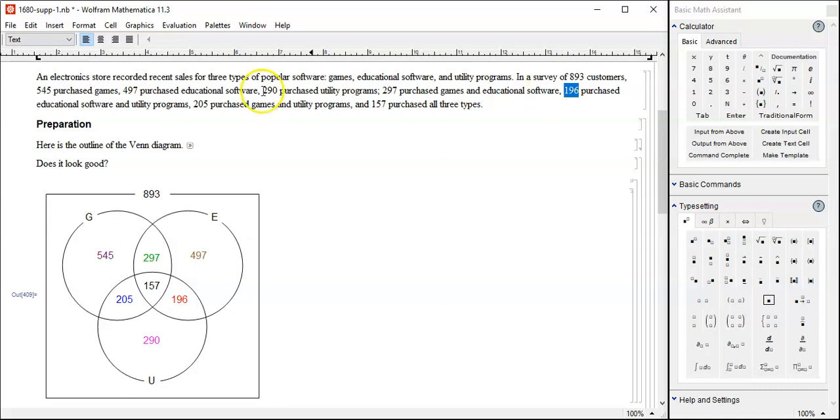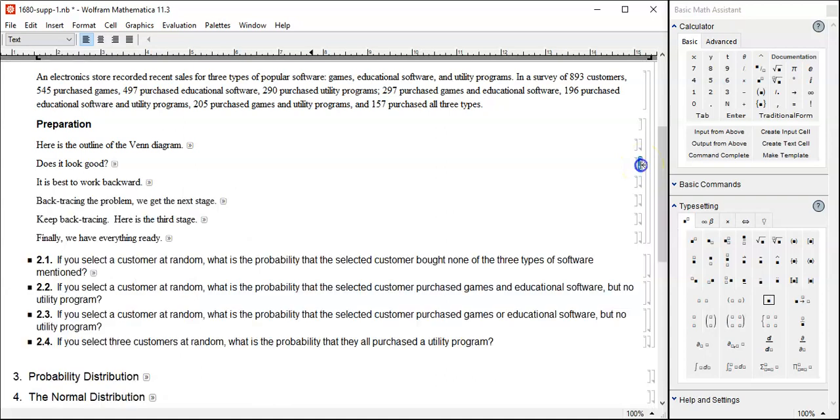So these people are counted in this 497 and this 290. So many people are doubly counted and some people are triply counted. And of course there are some people counted only once. So how do we separate all those and get the right numbers? Certainly this is not working. This is how to get it wrong. So the answer is no, this doesn't look good.